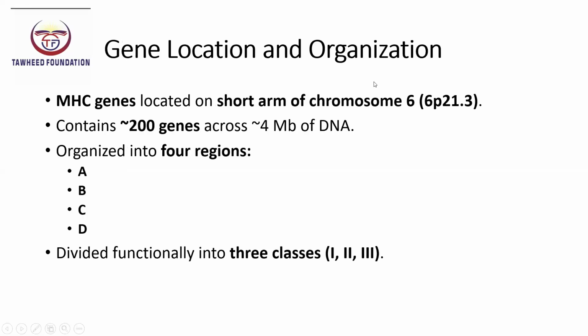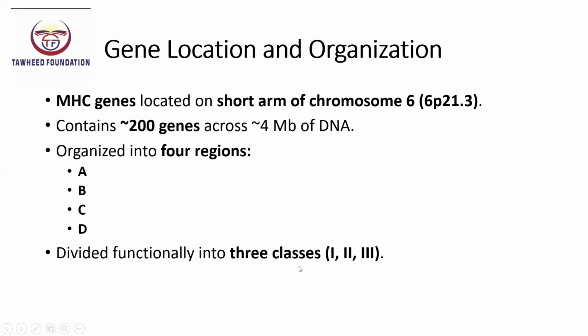Next is gene location and organization. MHC genes are located on the short arm of chromosome 6, that is 6p21.3, in humans. The region spans approximately 4 megabases and contains around 200 genes. These genes are organized into 4 main regions, that is A, B, C, and D, which are further divided functionally into 3 classes, that is first, second, and third.